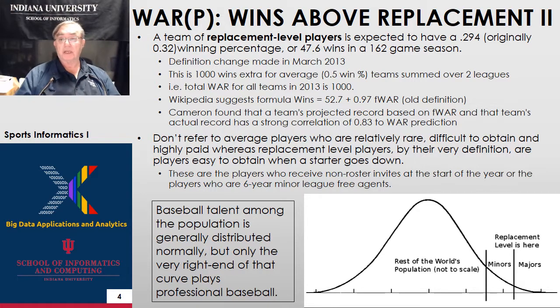So if you look at this definition, it means that if you fielded a team solely of replacement level players, which wouldn't cost you very much money, you would have a 0.294 winning percentage. So you wouldn't do very well because you'd like to get 90 to 110 wins, but you would only get 47.6 wins from such a team.